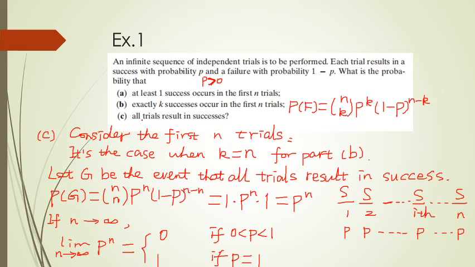They just said all trials result in a success if the trial is an infinite sequence of independent trials. That's why we write the answer in this way. If the probability is 1, which means it's always success, then the limit of this sequence is 1. If p is between 0 and 1, then the final answer is 0. So that is the first example we discussed.